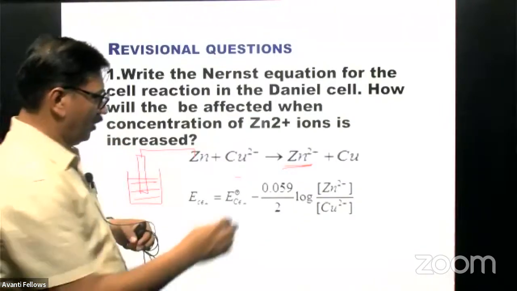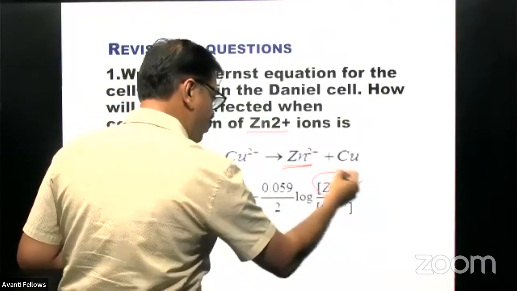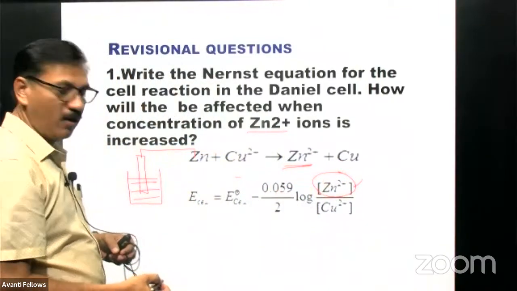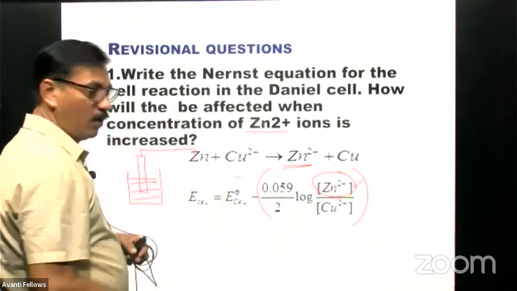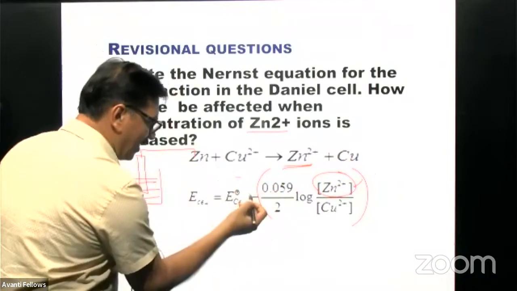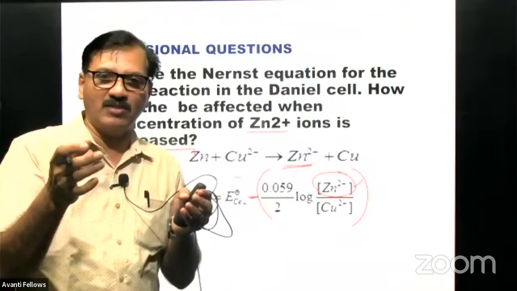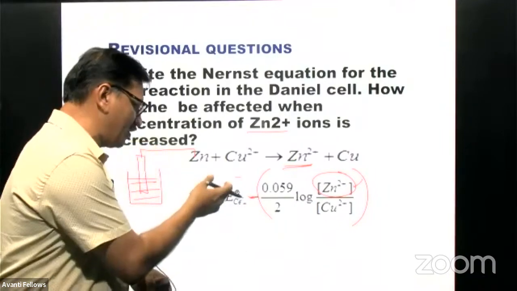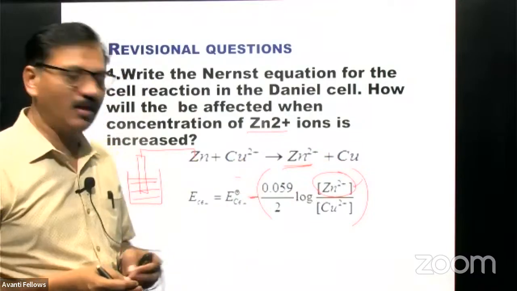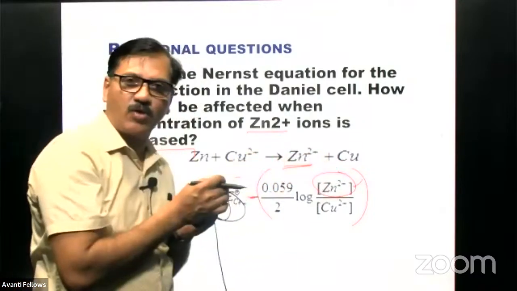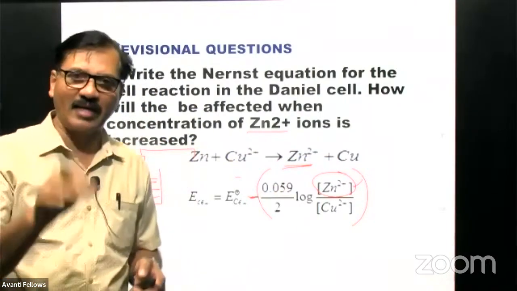Now, suppose zinc 2 plus ion is increased, the numerator is increased, so this value is increased. If the total value increased and it has a negative sign, you are subtracting a larger value from E0. E0 is constant. If we are subtracting a larger value, E of the cell is decreased.